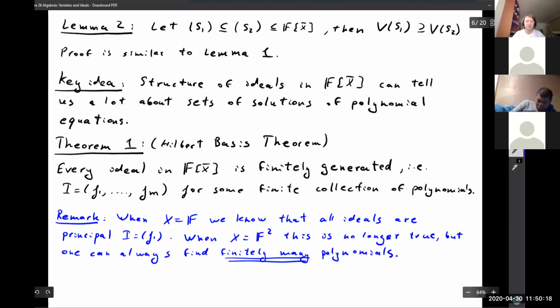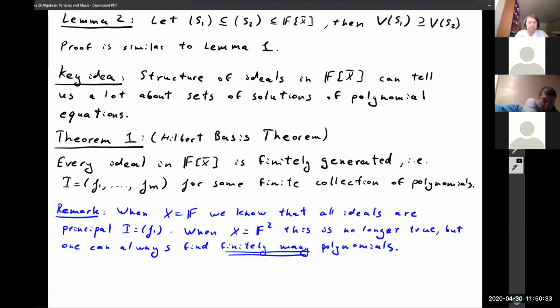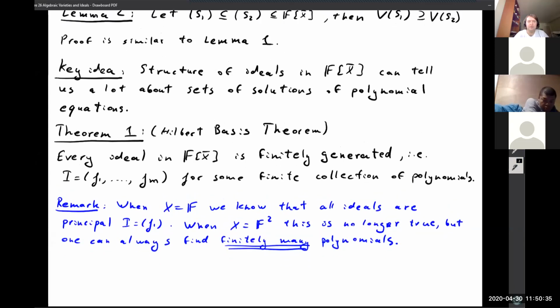It can be much more than 2, of course, even in the two-dimensional space, but still every ideal in the polynomial ring in many variables is finitely generated. Okay, let me say a few words about the proof. Sketch of the proof.